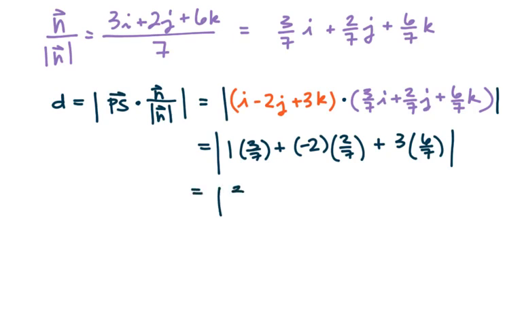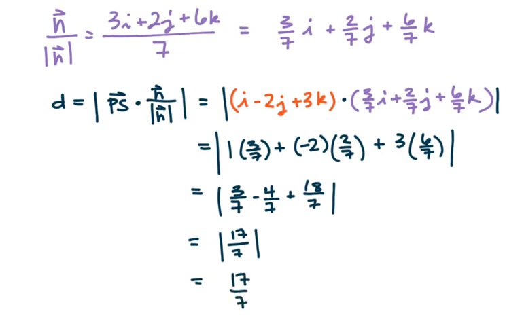That gives me 3/7 minus 4/7 plus 18/7. 3 minus 4 is -1, so that is the magnitude of the scalar 17/7, or just 17/7, the absolute value since it's a scalar. So 17/7 is the distance from the point S straight down to the plane that we were dealing with.